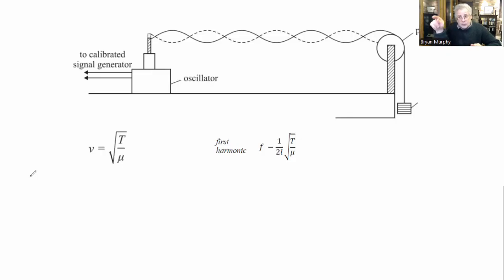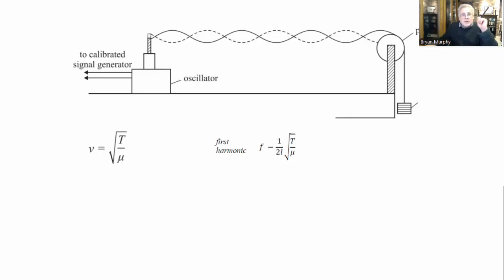F equals 1/2L root T over mu. I think that question is asking for that formula. We could do either one, but I'm going to do the second one because it's slightly harder.